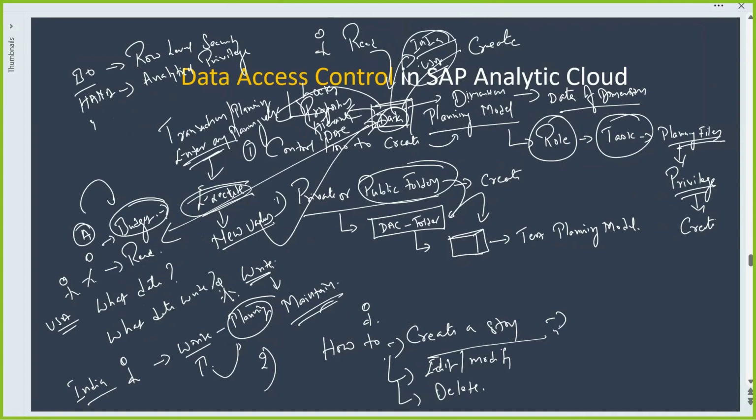In BW, that is with your analysis authorization. The T code for this is RSECADMIN, and we need to create one authorization object.